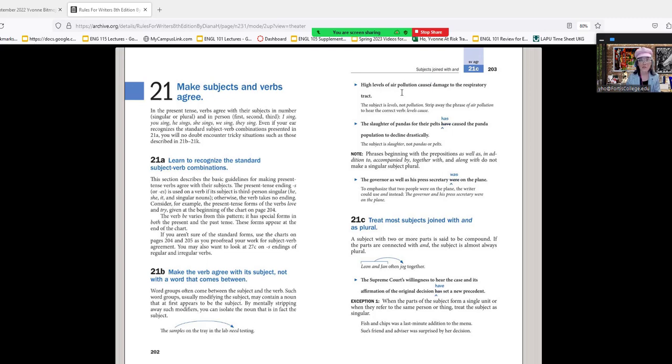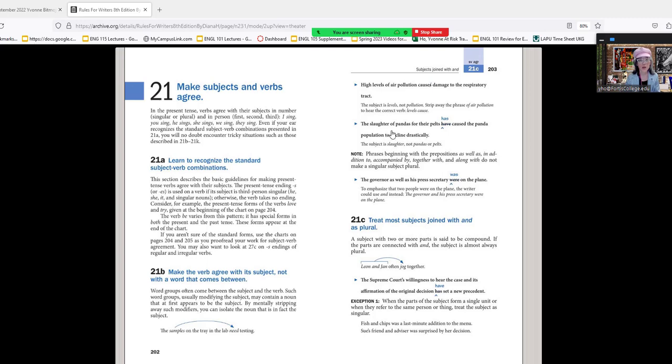High levels of air pollution cause damage to the respiratory tract. Of air pollution is a prepositional phrase, so the subject is high levels. The slaughter of pandas for their pelts has caused the panda population to decline drastically.